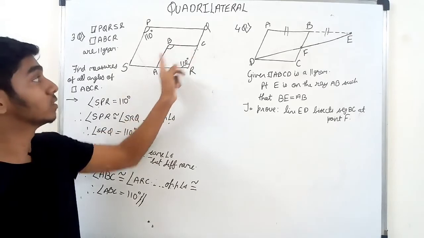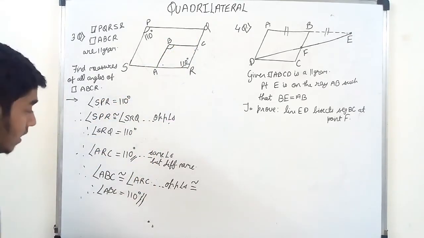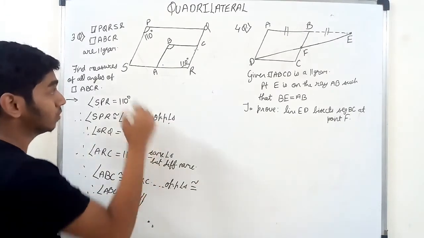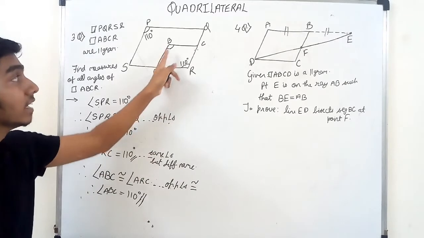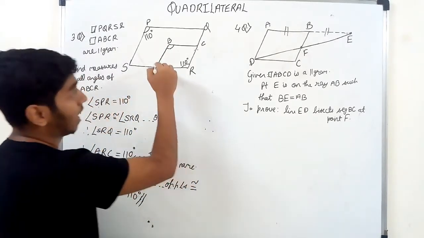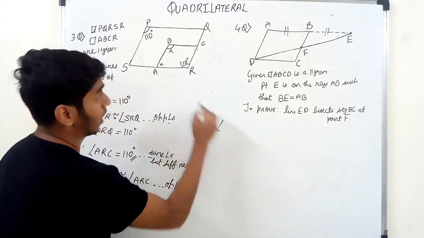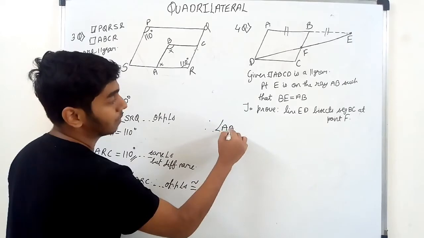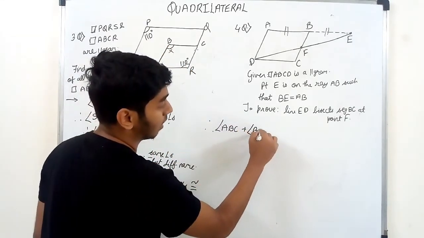Now there are two more angles, which is A and C, which is BAC and BCR. Okay, so let's find them also. Now if this is a parallelogram, can we say that interior angles are supplementary? Yes or no? So therefore we'll say this angle plus this angle, angle ABC plus BAR.